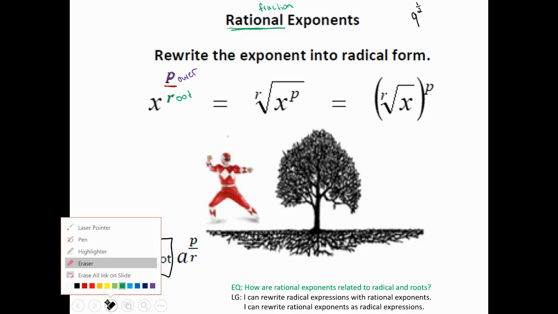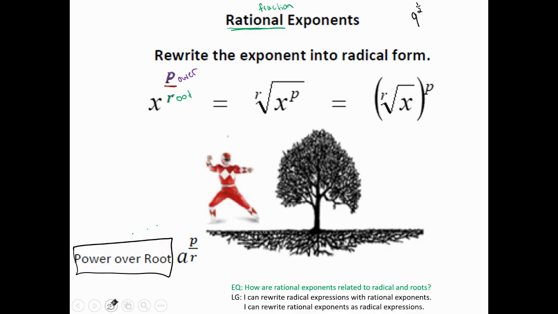We also need to make sure we know what our base is. In this problem, the base is our x. So we're going to rewrite these using radicals, and there are two different ways you can do it. You can put the power inside of the radical with the x, or you can put the power outside of the radical using parentheses.